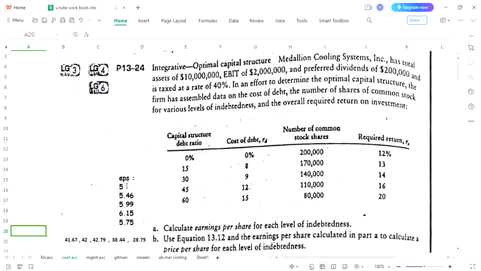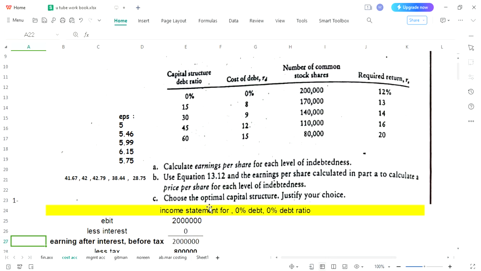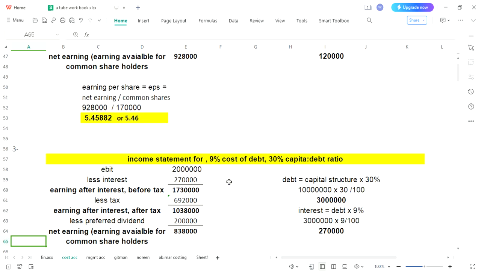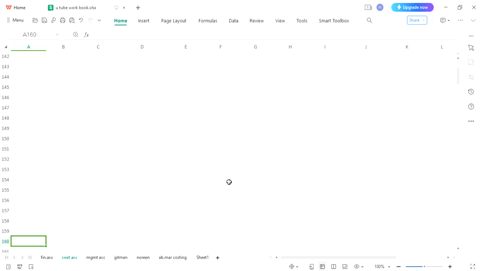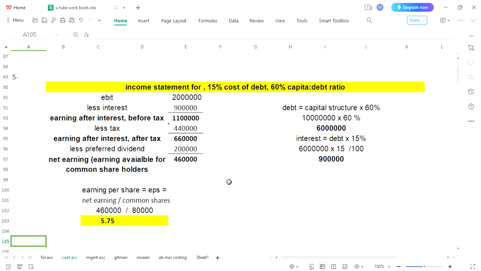This is your EPS. First part has been solved, and now let's see what B part is saying using equation 13.12 that I have in my mind. First I will write that equation and will let you know what is this about. Price of per share.